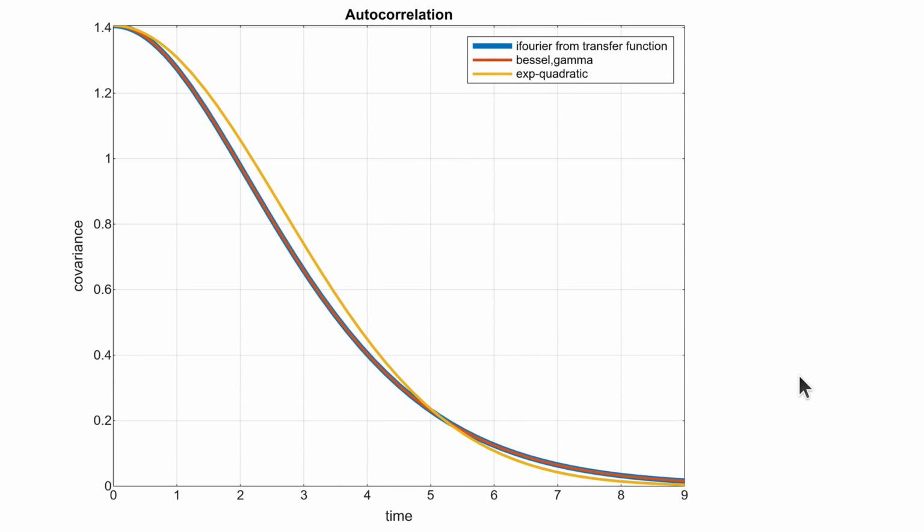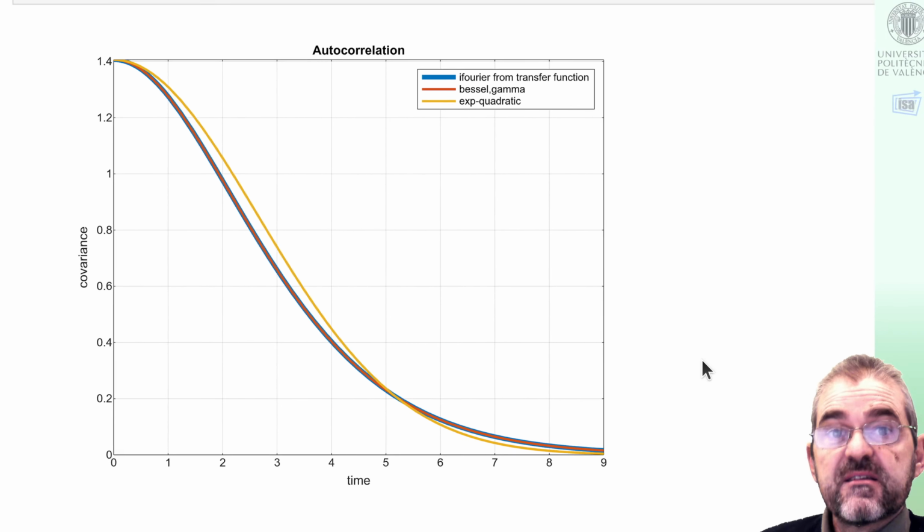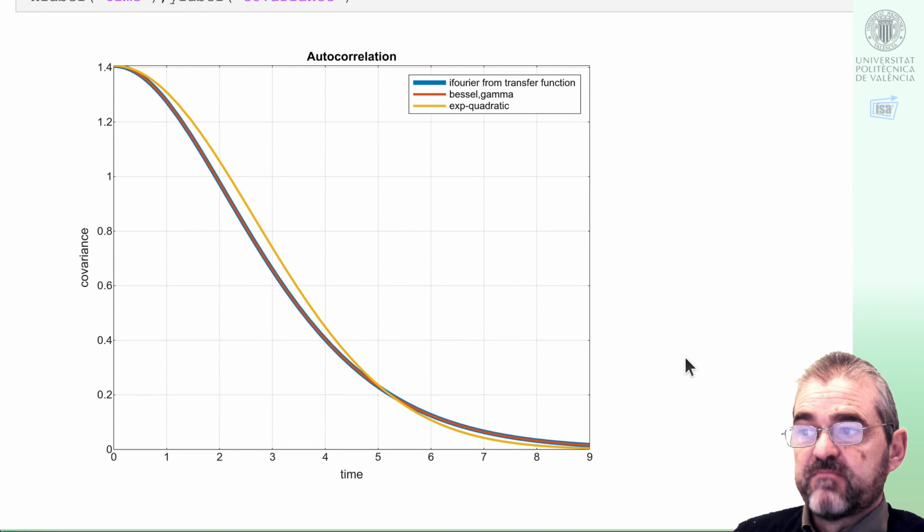But as covariance kernels in priors are something that we usually invent when setting up Gaussian processes, what is the practical difference between the red or blue lines with Bessel functions and the gamma and the like, and the difference with the yellow one?